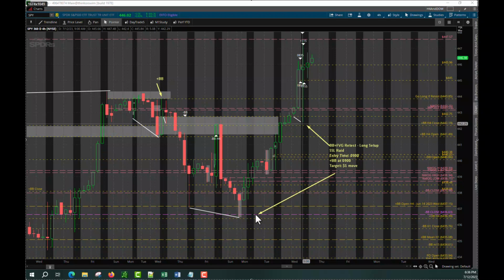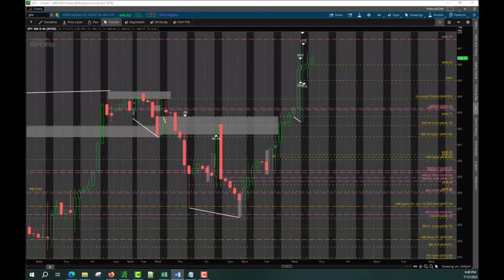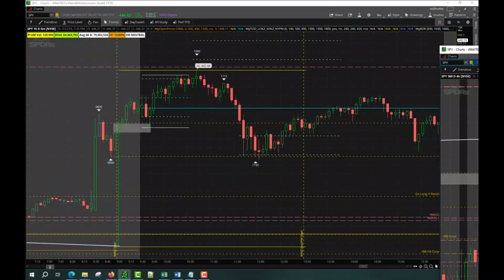And remember right here, the sell side was taken, raided right there. Okay, that's our 4-hour time frame.